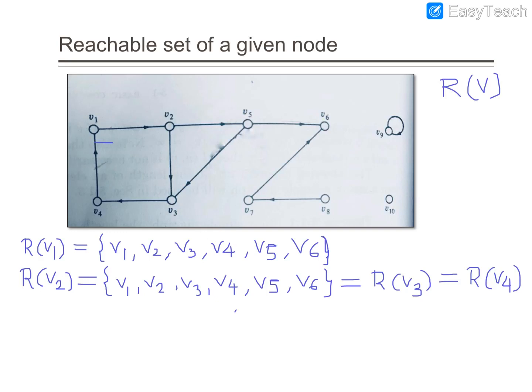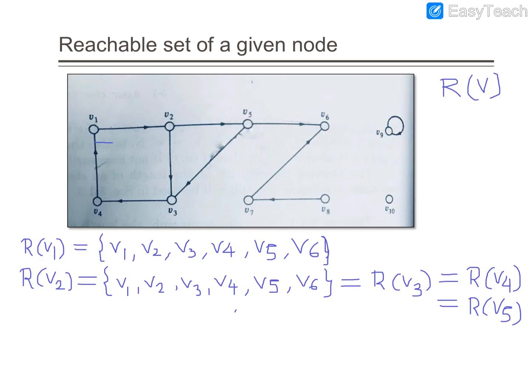And now the reachable set of V5. V5 is reachable to V4 by this path. It is also reachable to V3, V1, V2. Therefore it is also equal to the same set. Now what is the reachable set of V6?